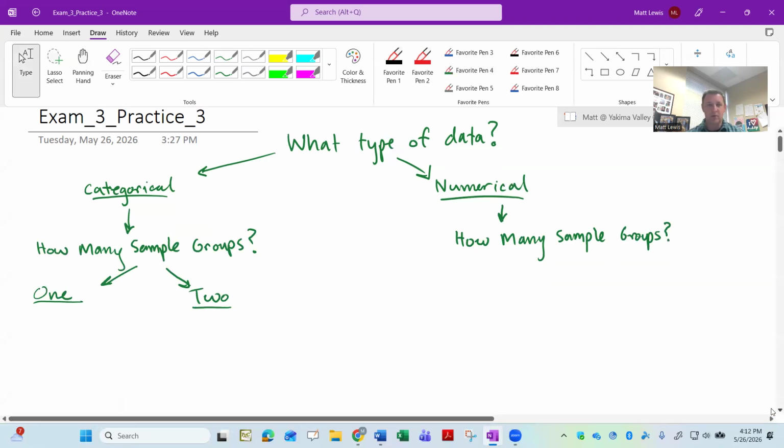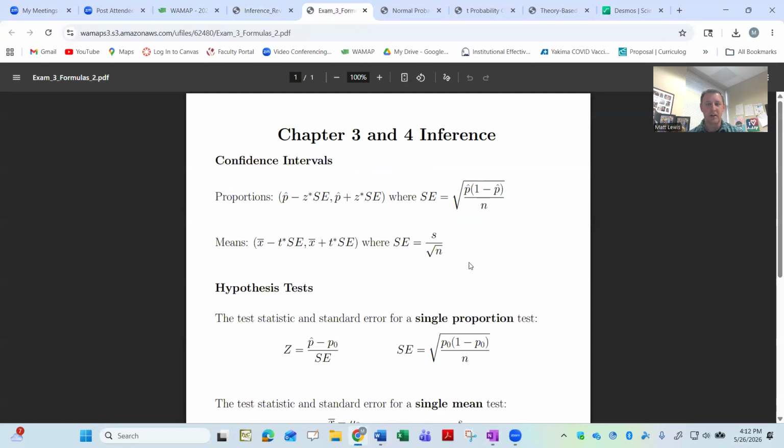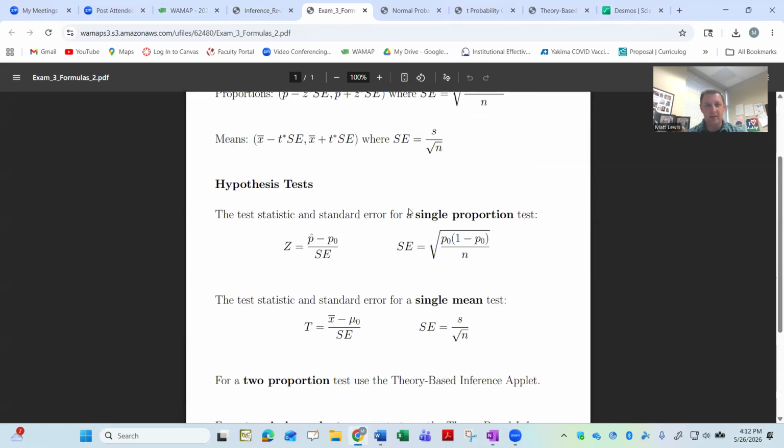So if I have one sample group with categorical data, then I know that I am doing a one proportion hypothesis test. And the moment that I see that, I go to my formula sheet here, and I can see that under hypothesis tests, I've determined that I'm doing a single proportion test.